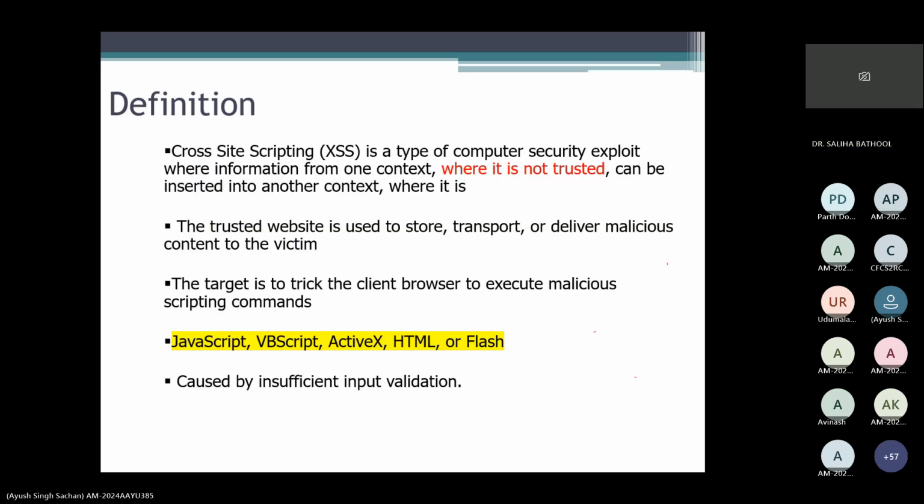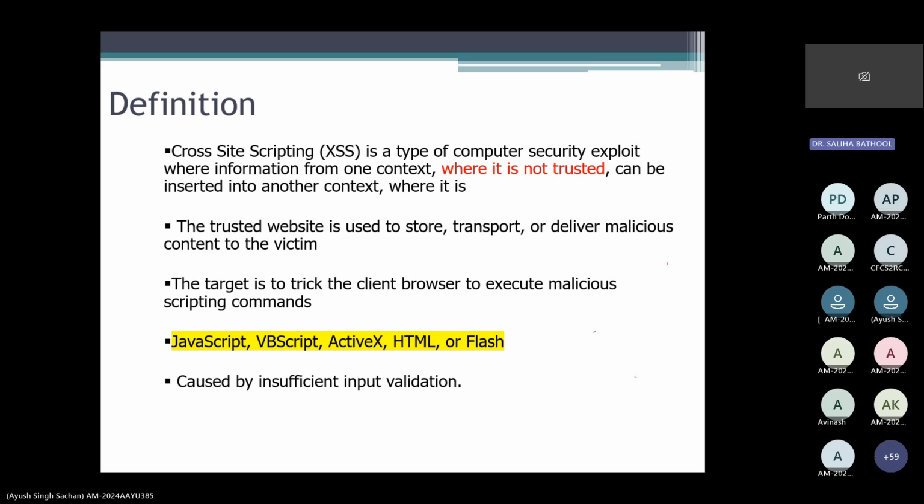The next slide. Okay, the definition of cross-site scripting. Cross-site scripting is a type of computer security vulnerability, also known as exploiting the users, where information from one context, which is untrustworthy, can be inserted into another context. This is how it happens: trusted websites are used to store, transport, or deliver malicious content to the victim.